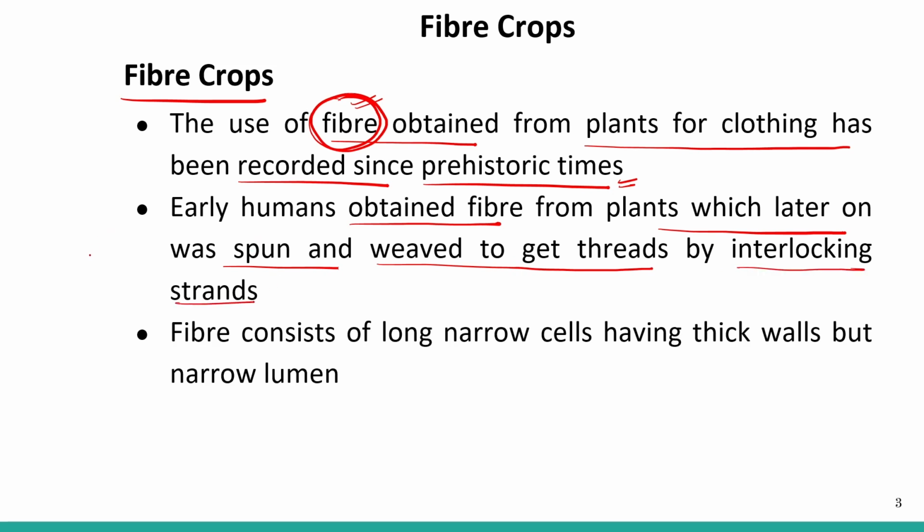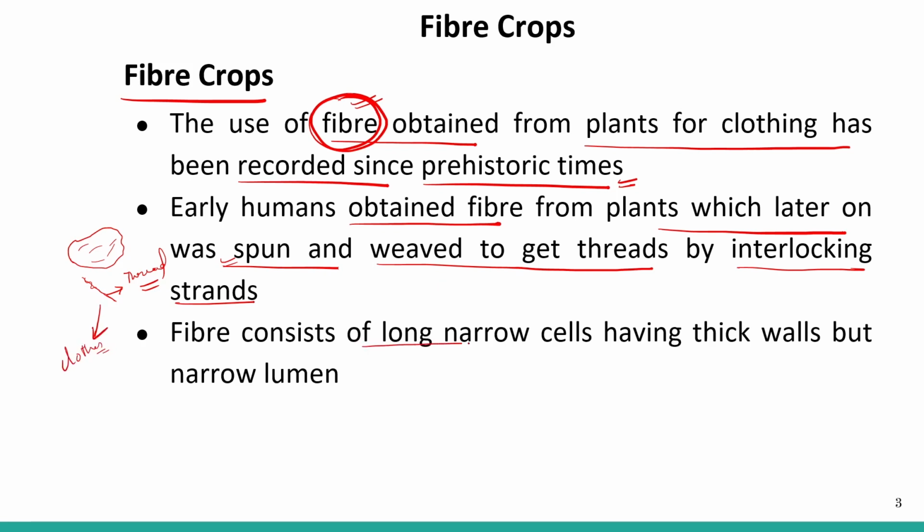So first of all, the fibers get spun in the form of strands, right? And these strands were later spun and weaved to form a thread-like structure. These threads are later used to make clothes even.